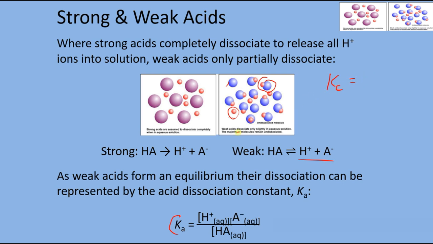So just to remind you, for a weak acid you have H plus and A minus, if you ignore the water there, H plus times A minus divided by HA. Now the HA stands for a weak acid. That is now Ka, right? So let me just write Ka here.